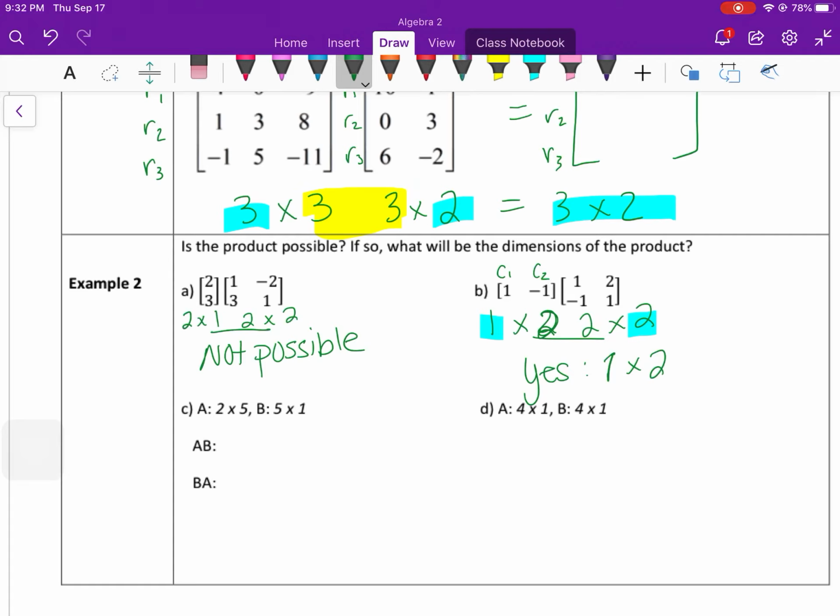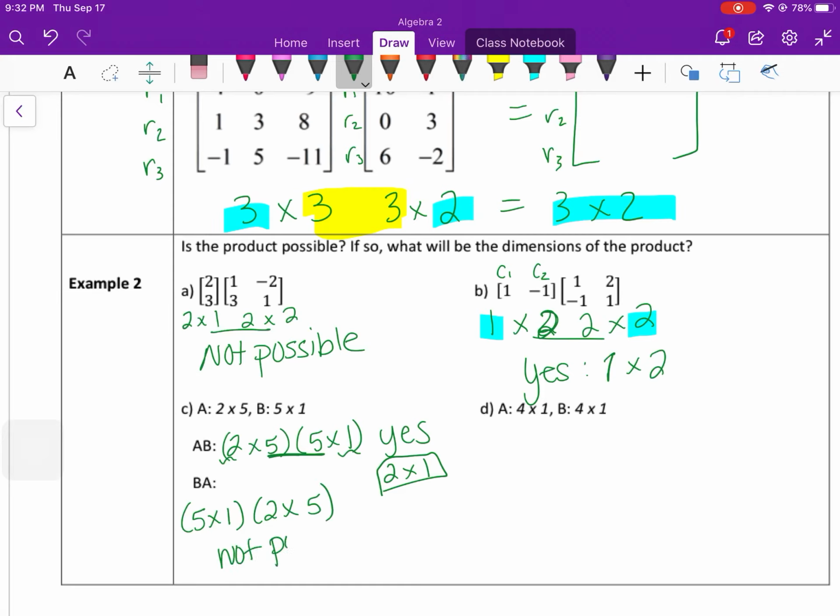Okay, AB would be a 2 by 5 matrix times a 5 by 1 matrix. So yes, that is possible, and the dimensions of the answer would be 2 by 1 because the insides are the same. BA is a 5 by 1 matrix times a 2 by 5 matrix, and that is not possible.